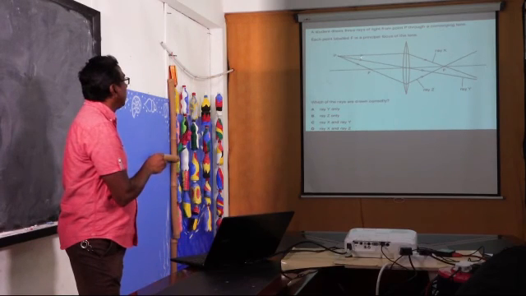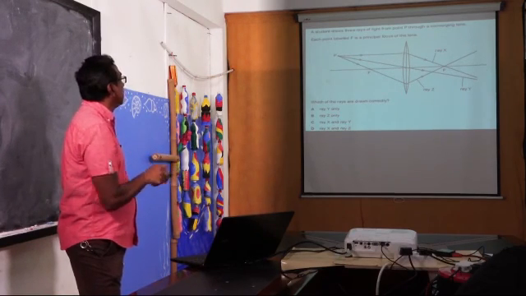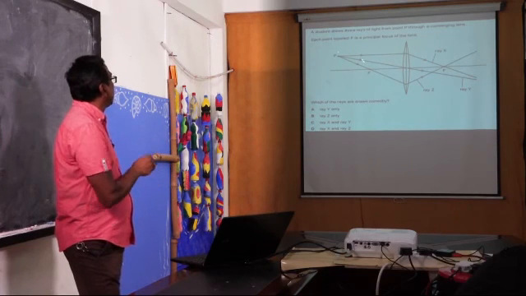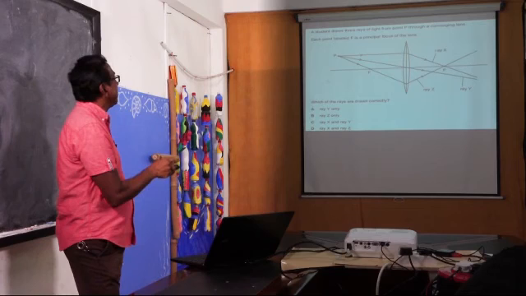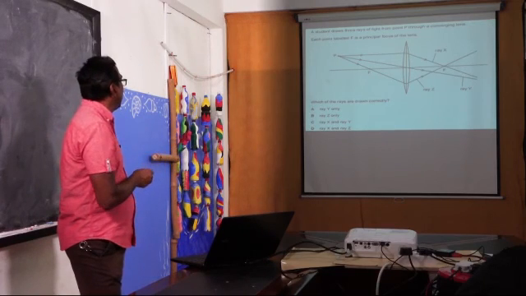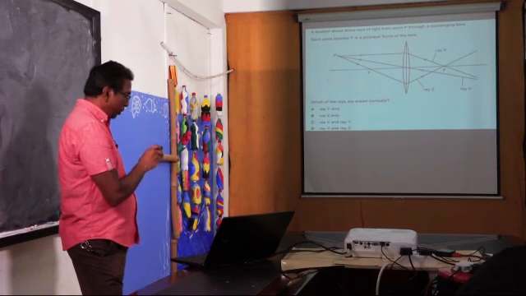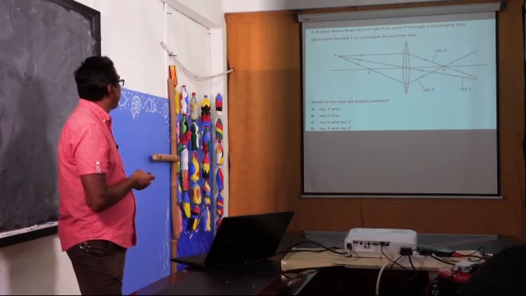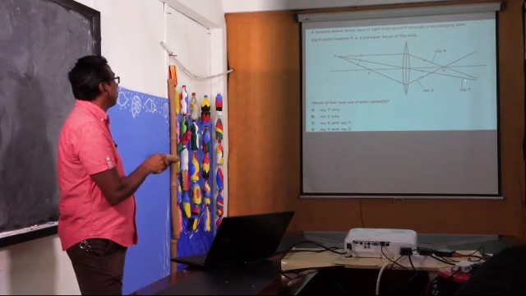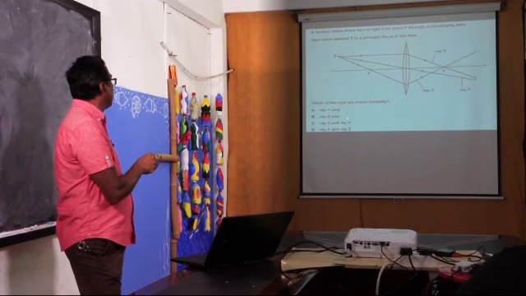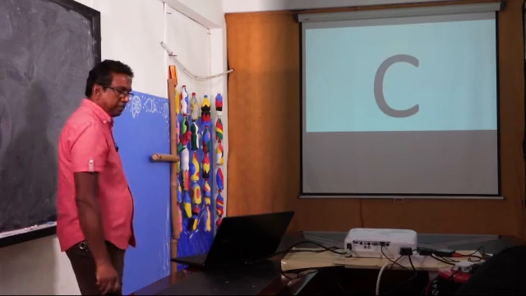This ray Y goes undeviated, correct. This one ray goes through F, it should be going parallel, not like this. Therefore, it is wrong. So, which rays are correct? X and Y are correct. X and Y means C.